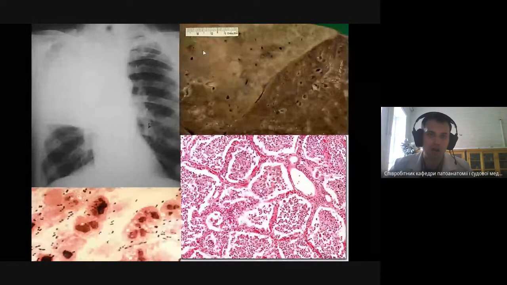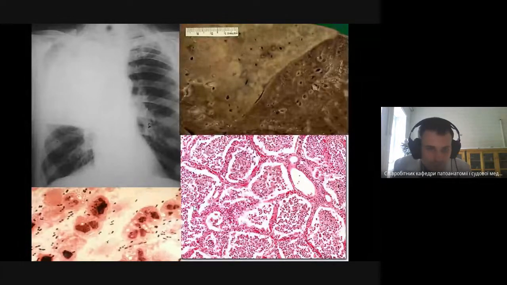Grossly, you see that this lobe is gray, enlarged, covered with fibrin. Microscopically, the walls contain congested capillaries. They are thickened.